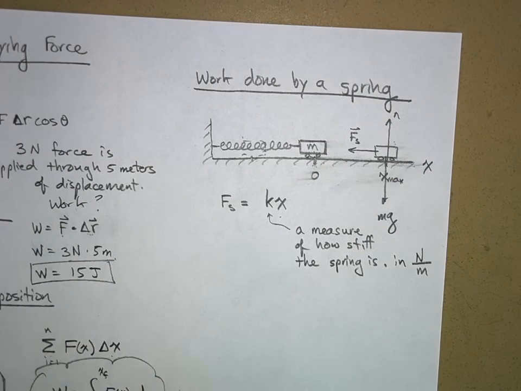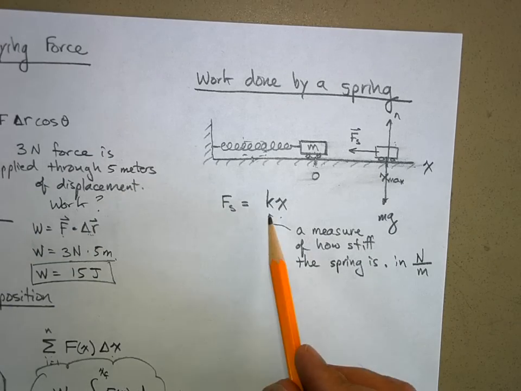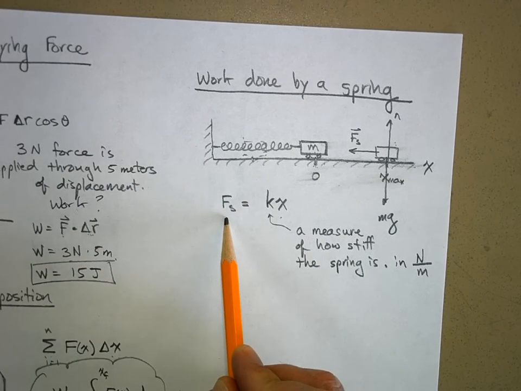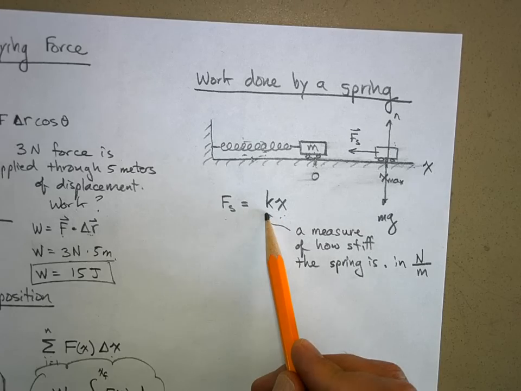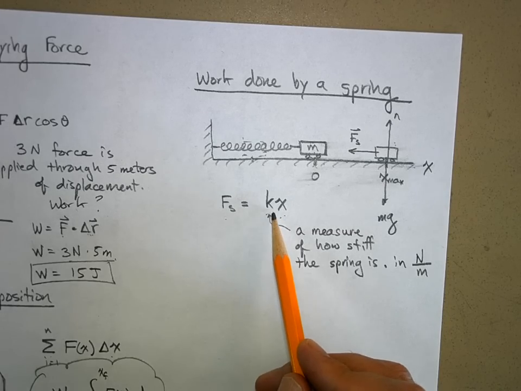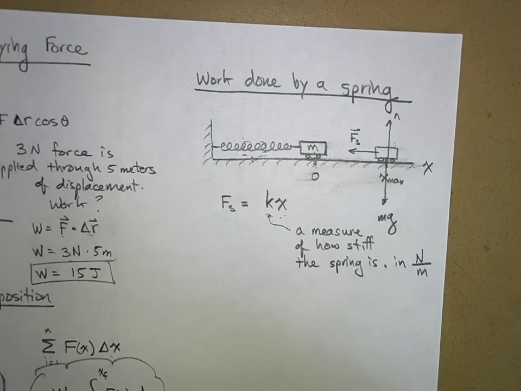Okay, so all we're saying is that, look, the force of a spring has to be in newtons. My position from the equilibrium is measured in meters. So this has to be newtons per meter, right, in order to have the units work out. Okay, now what direction is the force of the spring compared to my position?